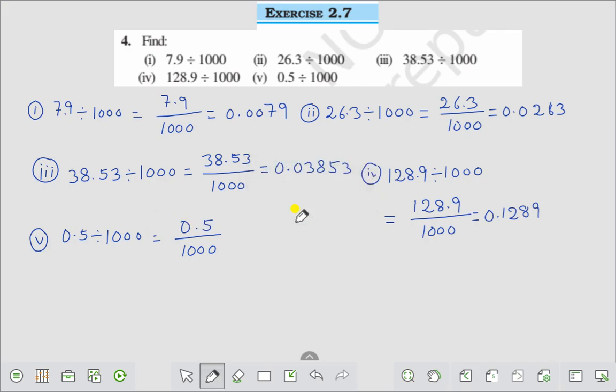That means here you can write 0.0005. Here you see the point was here, right? You have to shift the point to the left side 3 digits, that is 1, 2, 3, right?